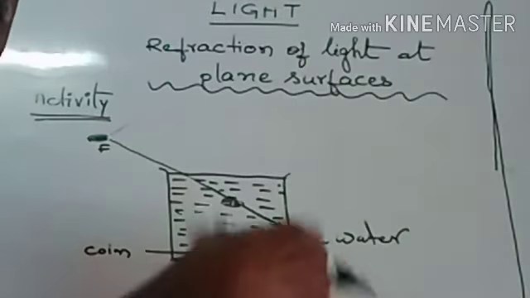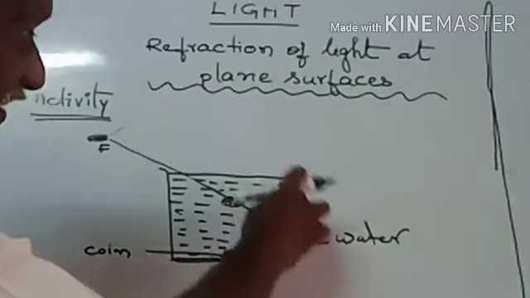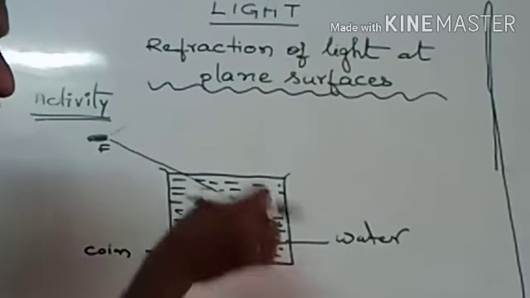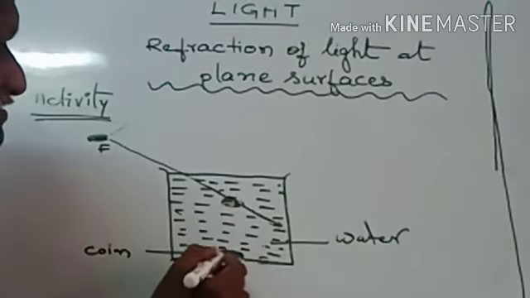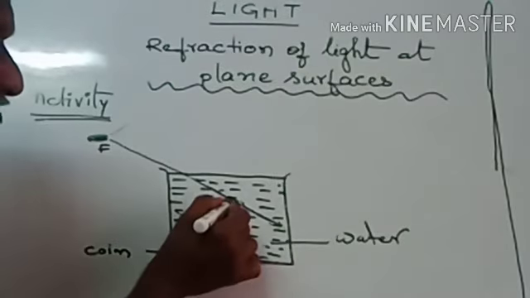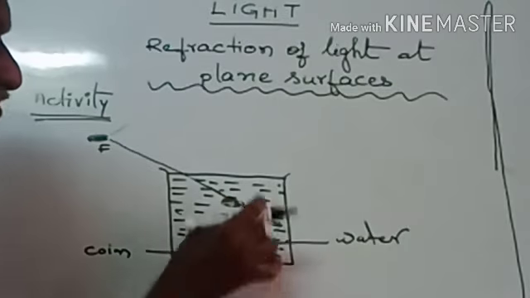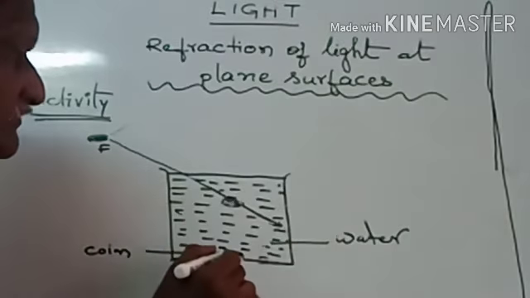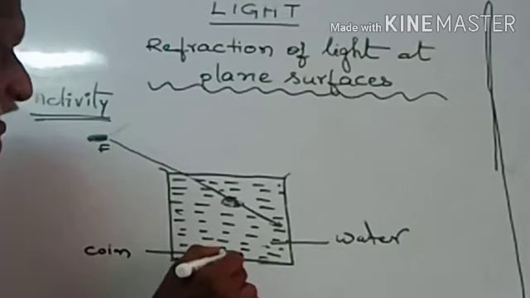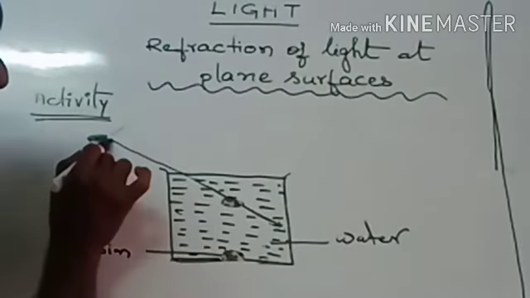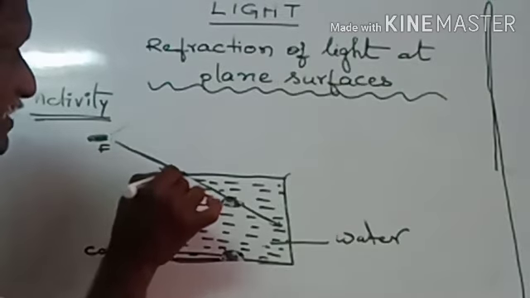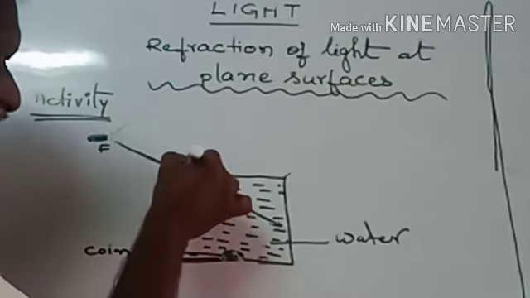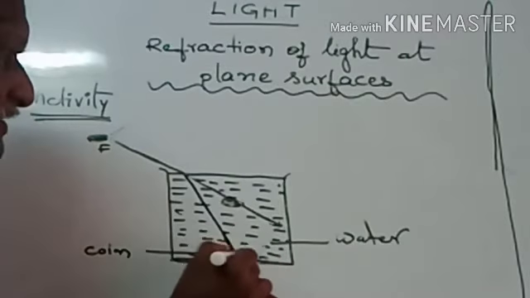Originally the coin is here, but because of placing water, the medium changed. First there was air, then we placed water. Because of that, the ray from the coin, after reaching the surface, bends towards the eye like this, so that the coin is appearing.